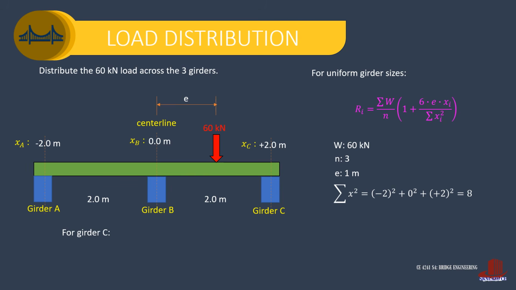Plugging these values into the equation gives R of girder C as 60 over 3 times 1 plus 6 of 1 times 2 all upon 8. This is 50 kilonewtons. At this point, we can see that girder C carries most of the total load of 60 kilonewtons.